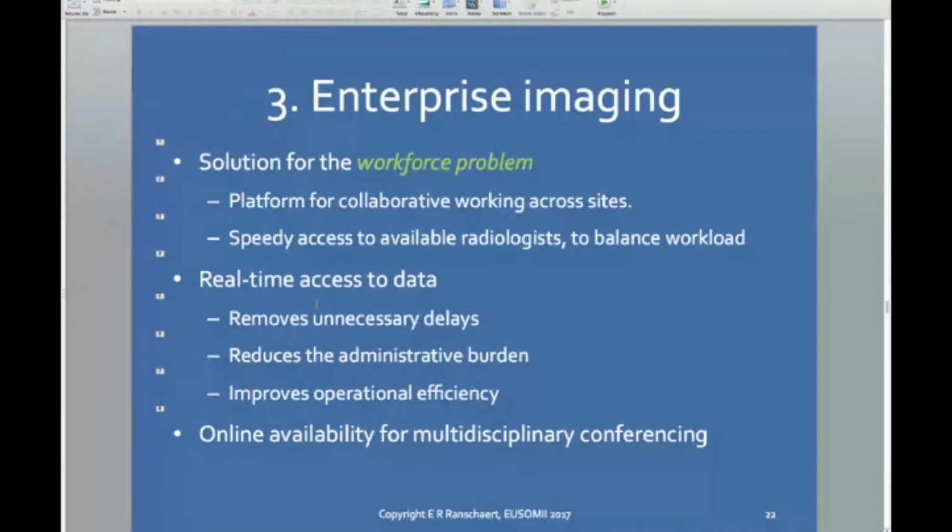There will also be real-time access to the data, which means that unnecessary delays can be avoided and the administration can be reduced, or the operational efficiency can be improved. And there is also, of course, an online availability for multidisciplinary conferencing. Images can be shared through different locations within a hospital group when oncology patients need to be discussed between different disciplines.